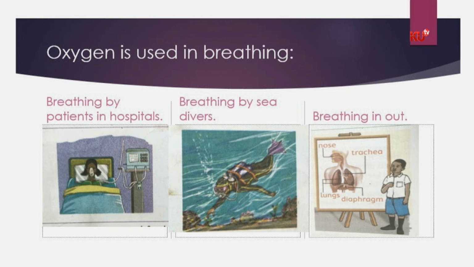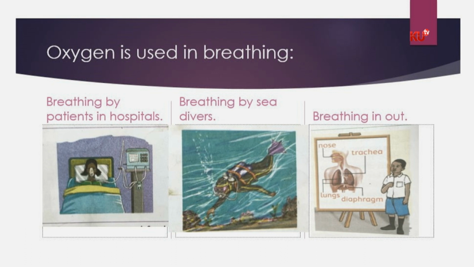Then the third diagram shows a person in the normal environment, most probably where I am now and where you are now, breathing in oxygen. Then we breathe out another type of air. So that shows us that the first use of oxygen is that it is used in breathing.